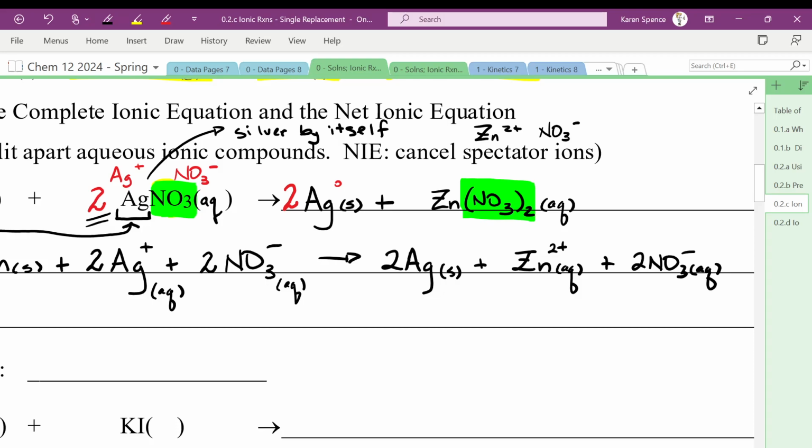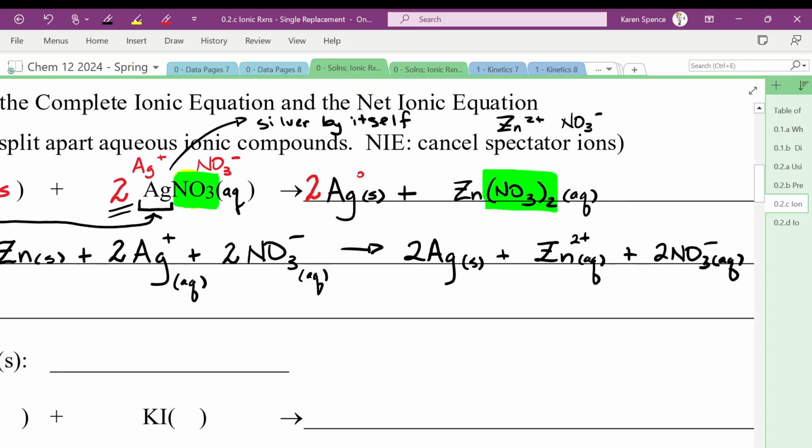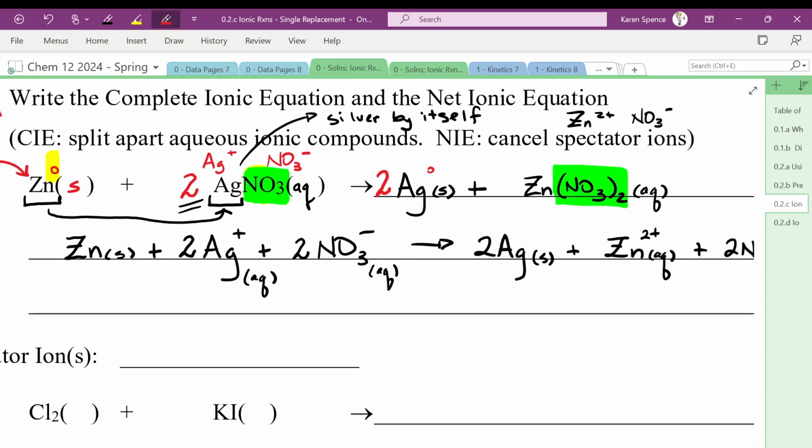Now I want you to notice how this is different from a double replacement reaction. In a double replacement reaction, I started with Cu2+ on one side and I finished with Cu2+ on the other side. It did not change charge. What is happening to the charge of the zinc?